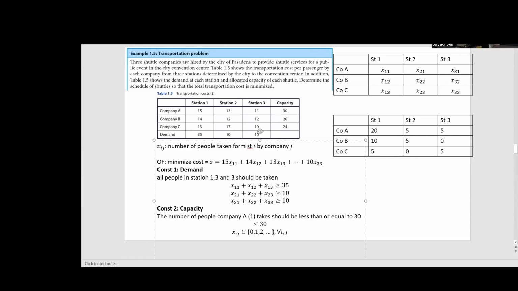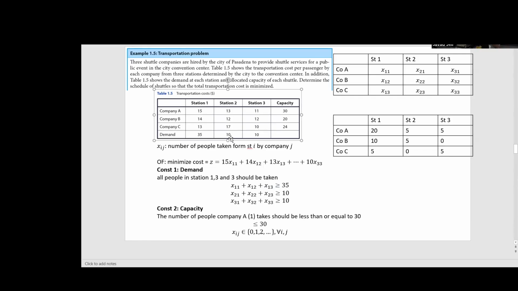Basically for each one, it tries to see which one is the cheapest. It fills that 35 with the cheapest option by looking at the costs. For example, here it says station 1, company C is the cheapest. So add all 35 to company C. So this will be 35, these two will be 0.